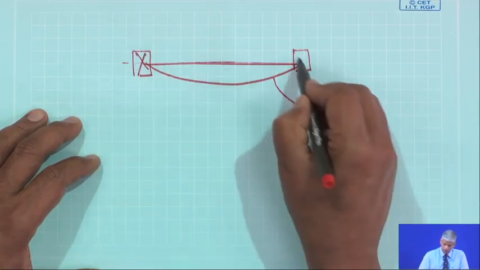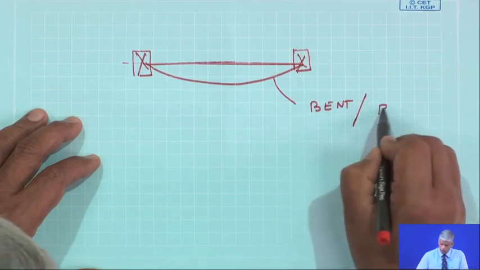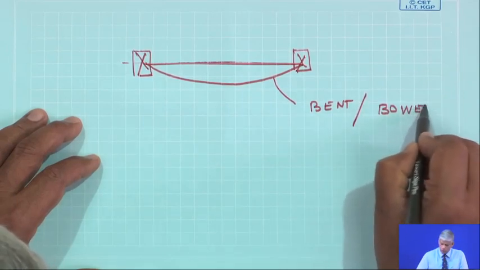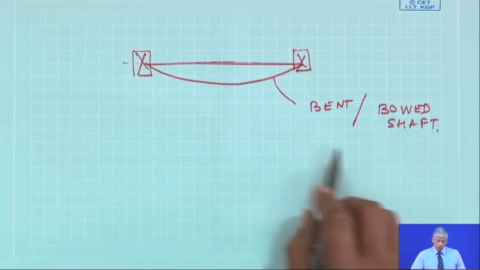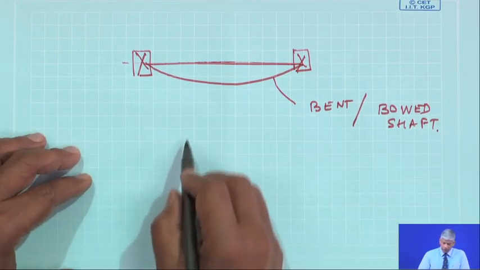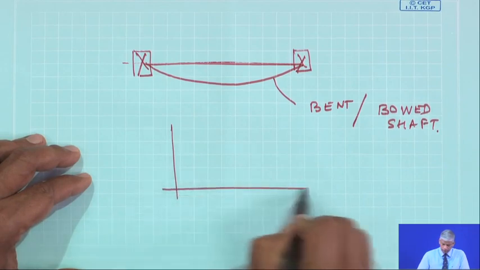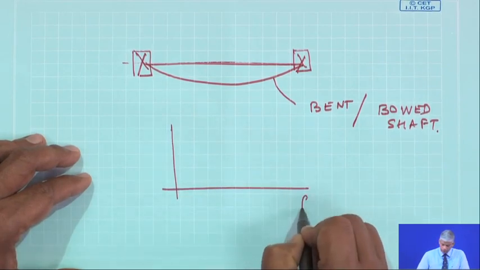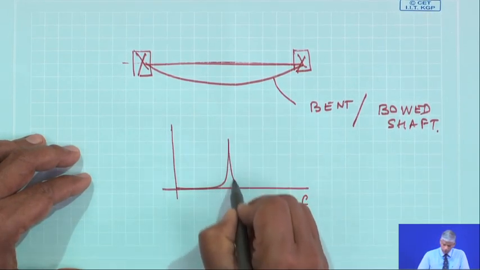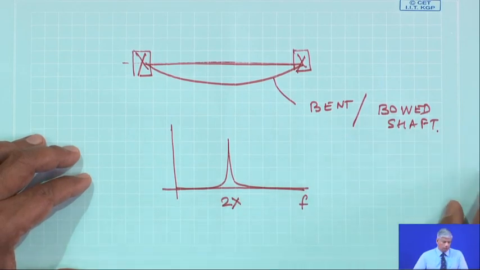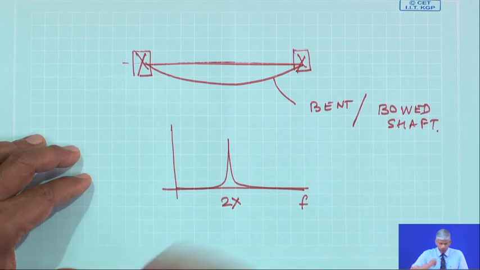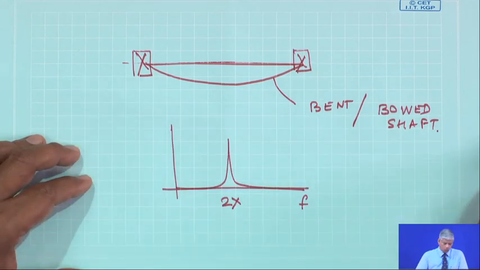These are the bearings, bent or bowed shaft. So, a bent shaft has distinct second harmonic. That means I will have a strong 2x component.